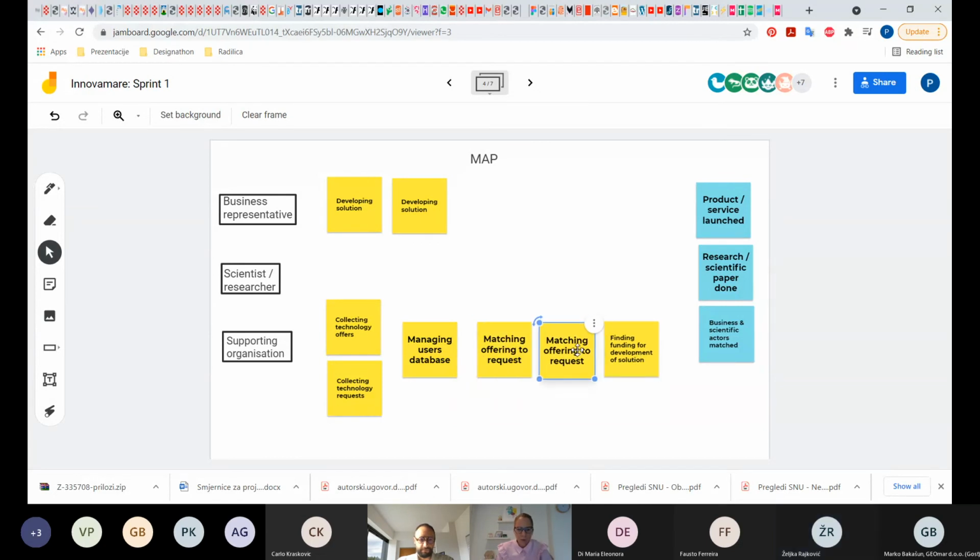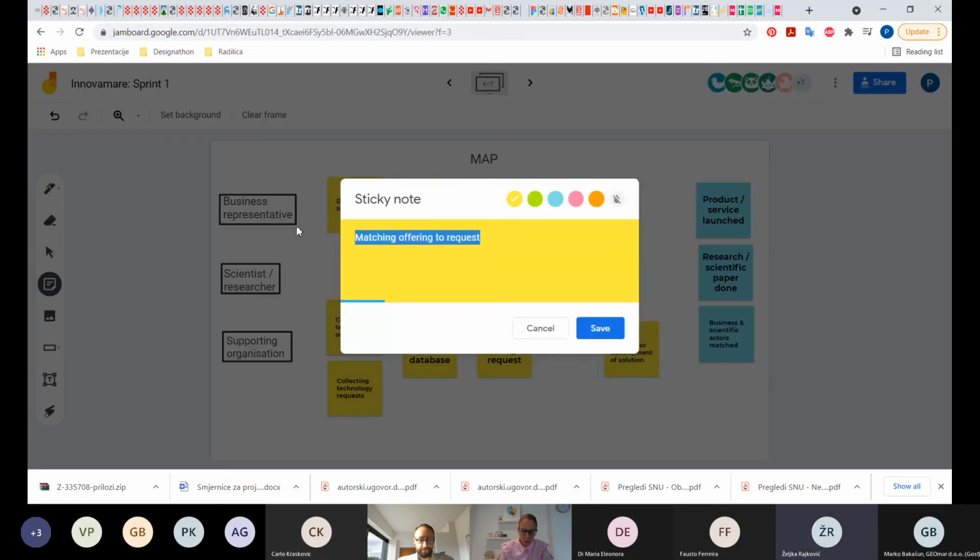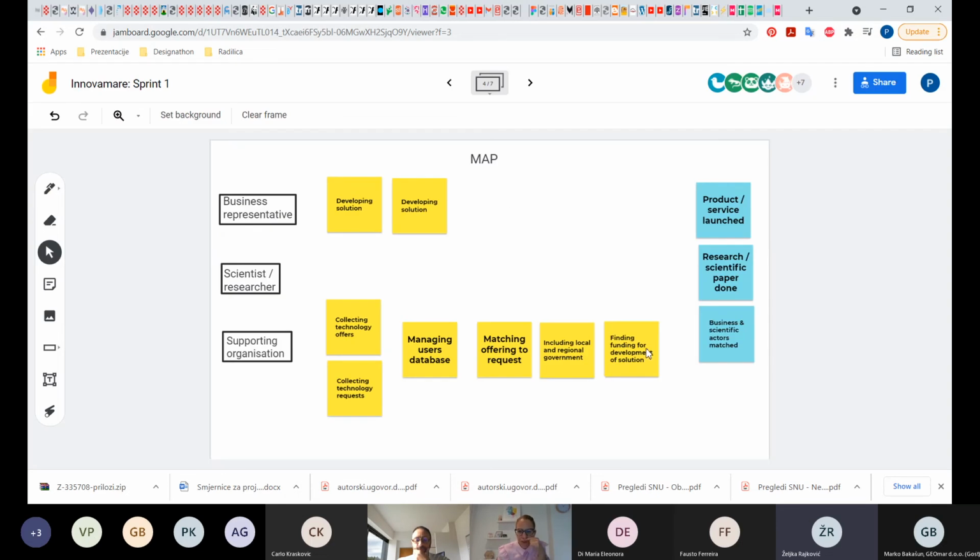Okay, and you also mentioned including local and regional government, no? Local and regional government. Okay. And basically, let's say some kind of end result is that business and scientific actors are matched.